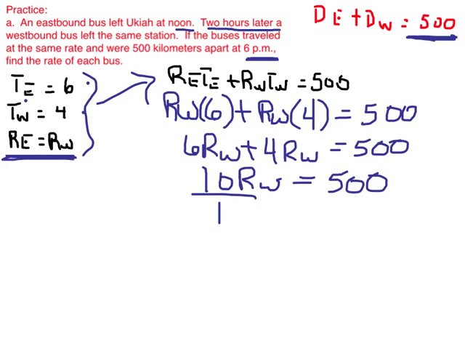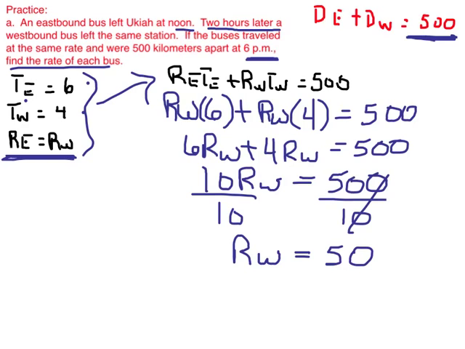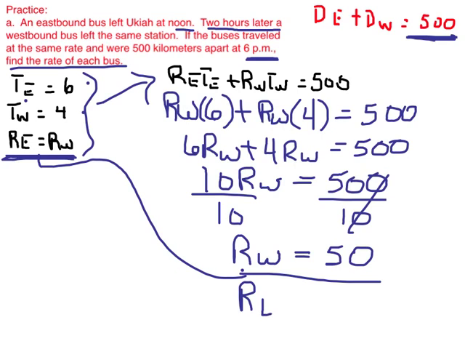Divide both sides by 10, and RW is equal to 50. Okay. Now, it said find the rate of each bus. If the rate of the westbound is 50 and it is equal to the rate of the eastbound, then the rate of the eastbound is also 50.